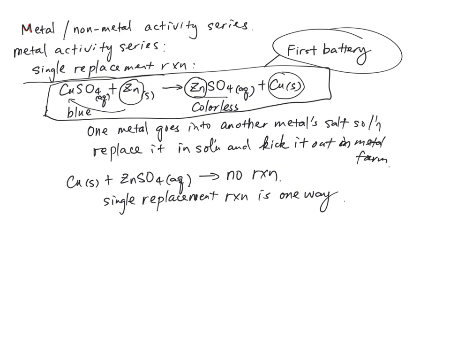Metal A can single replace metal B. That means metal B cannot single replace metal A. And in this sense, we say zinc is more chemically active than copper.